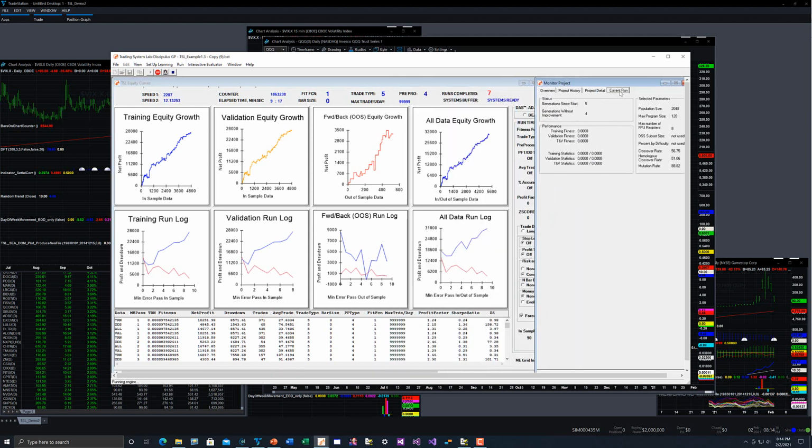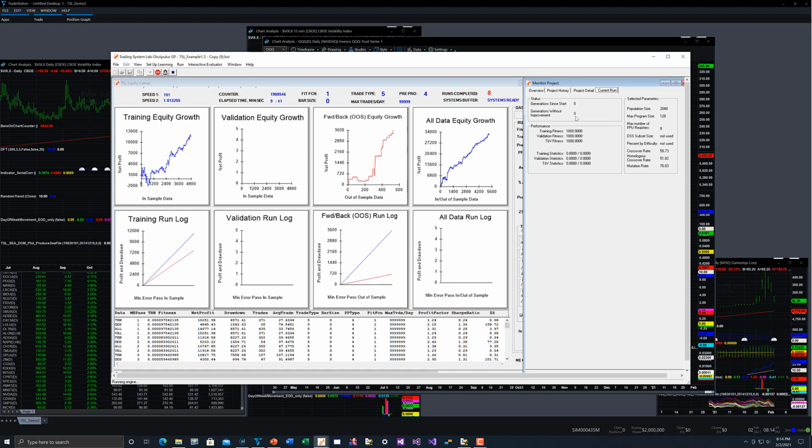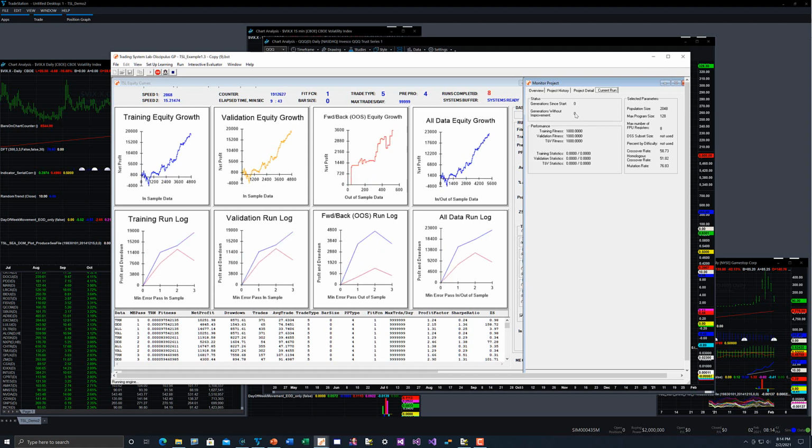So here we show a monitor project to report that shows the internal workings of the genetic program and what criteria have currently been randomized into the process relative to crossover rate, homologous crossover rate, mutation rate, etc. It also shows you how many generations since start and how many generations without improvement you've been presented with. And even notice it just hit generations without improvement 5 and a new run started.